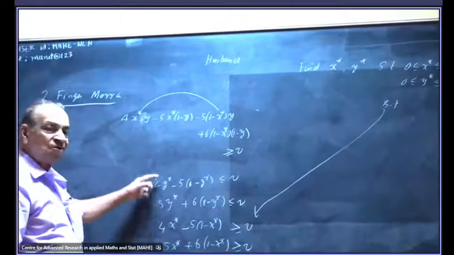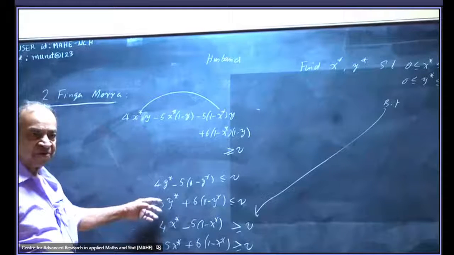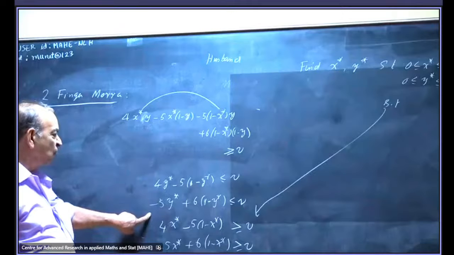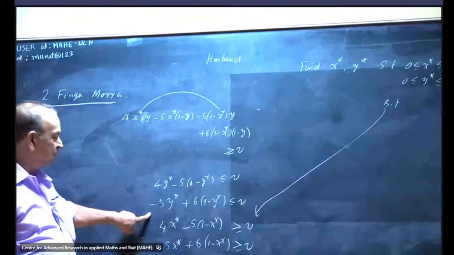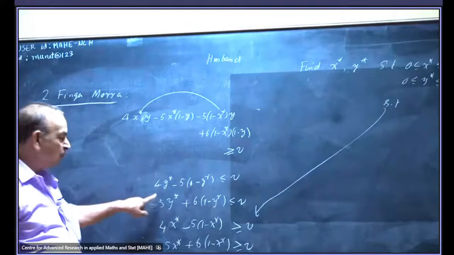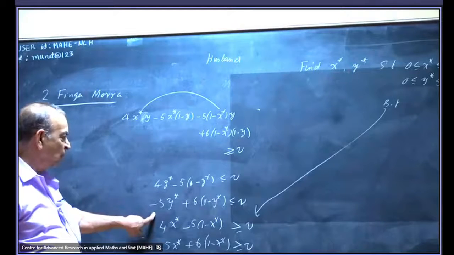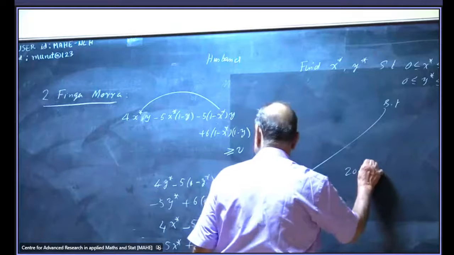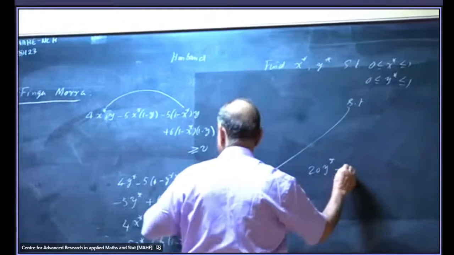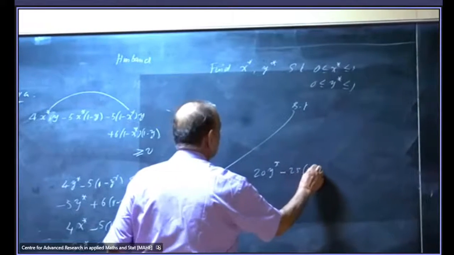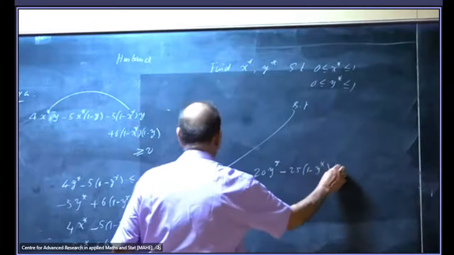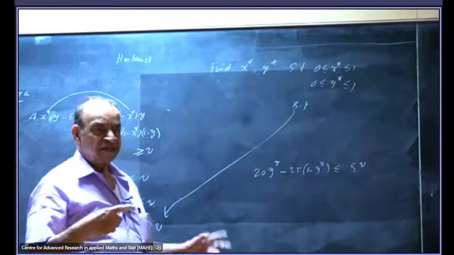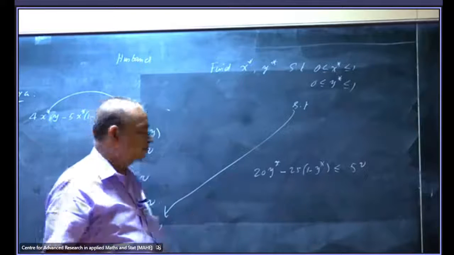So let us do a simple calculation now. I am going to multiply this by 5 and multiply this by 4 and add. So 20y star minus 25 times 1 minus y star is less than or equal to 5b. When you multiply by a positive quantity, the inequalities are maintained.